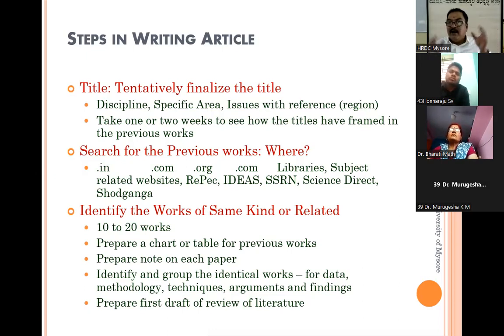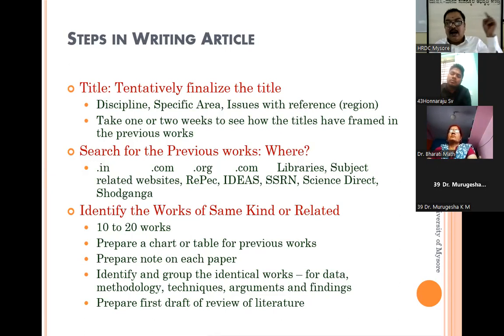That's very, very important, because it will restrict you to focus on the specific area of research. Without finalizing the title, if you move, you will go like this, you will go like this, you will not stick to a particular issue. So therefore, finalize the title first.